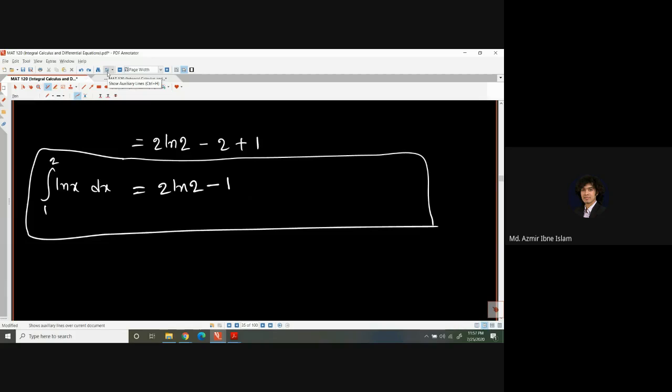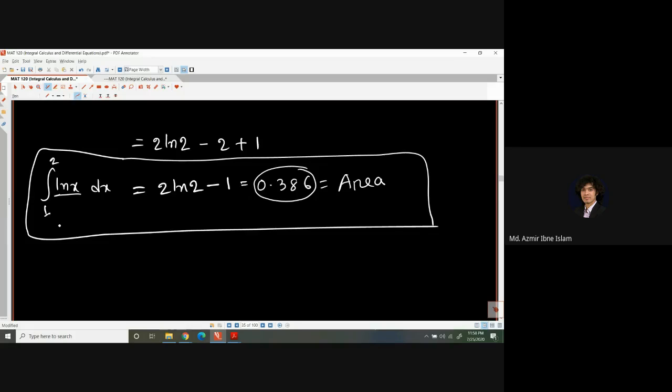If I use my calculator, the result will be 0.386. So this is a finite value which is defining the area under this function from x equal to 1 to 2.